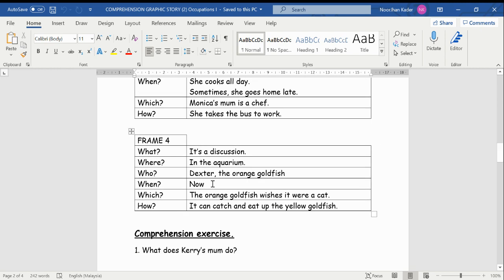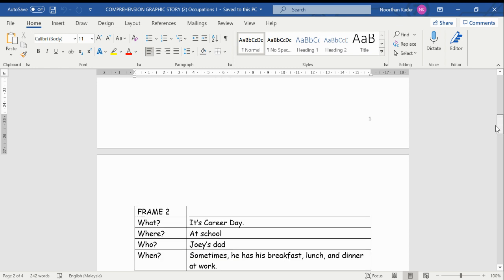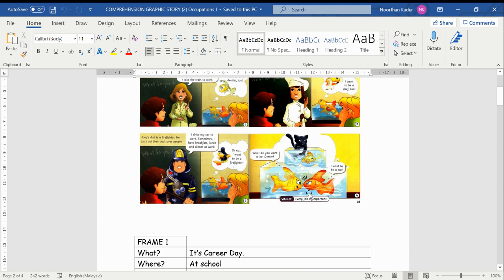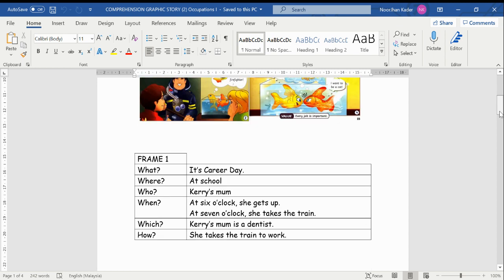Now, which goldfish is actually talking about occupation, what it wants to be? All the while it was the yellow goldfish talking about what it wants to be. But in the last frame, you can see which character talks about what it wants to be: the orange goldfish, Dexter.